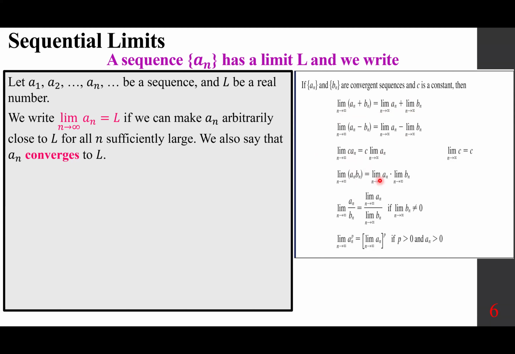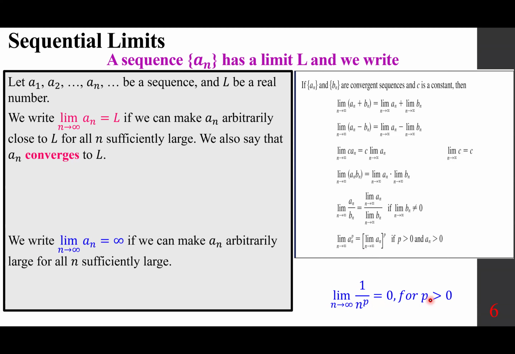If you're multiplying two of them, you can do them individually. The limit of a constant doesn't change no matter what happens to n because it's independent of n. And the limit of the ratio is the ratio of the limits, and then so on. We say, again, reminding you of the limit of 1 over n to the power of p as n approaches infinity is 0, as long as p, and that's the key, p is positive.